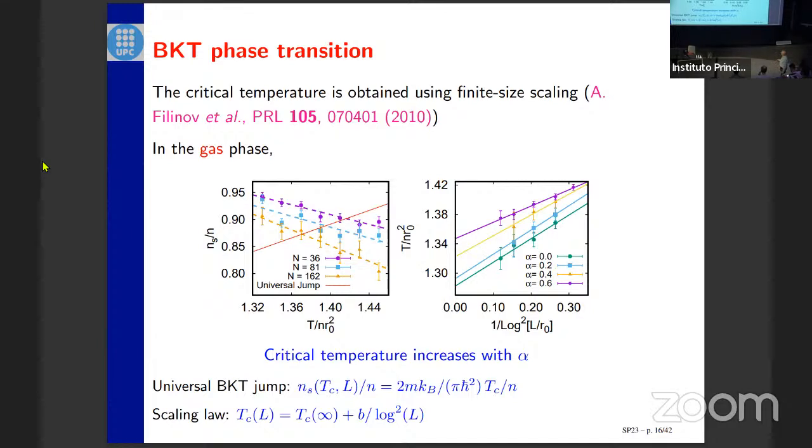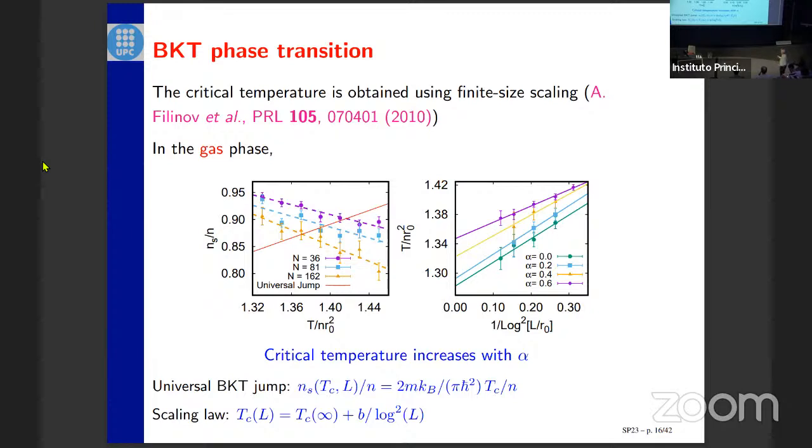So if our theory works and we plot the temperature as a function of this inverse of log square, and we see a linear behavior, it means that we have a BKT. If it is not a BKT, you will not see a line in this plot, because the scaling law would be another one. This is what is called finite size scaling in technical language.